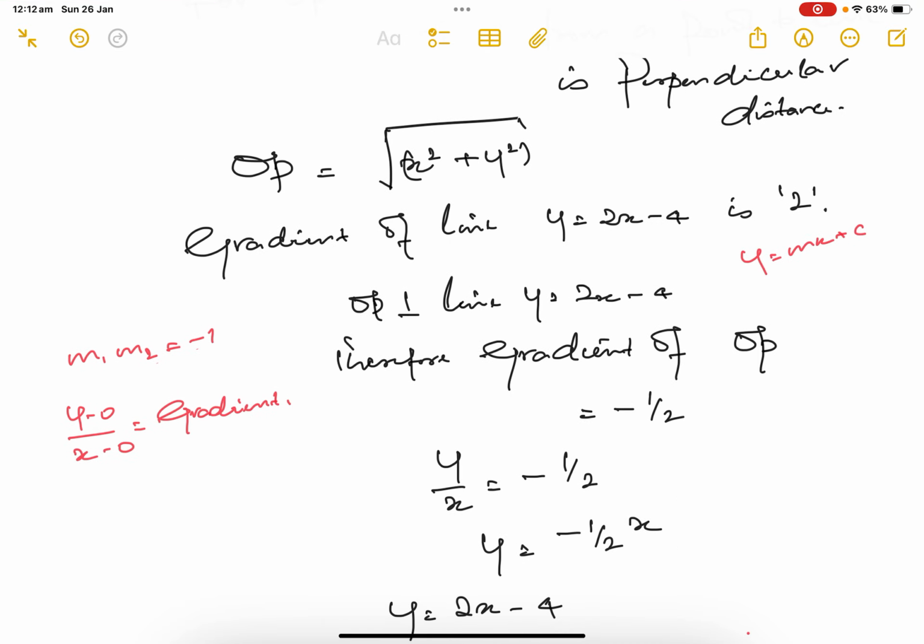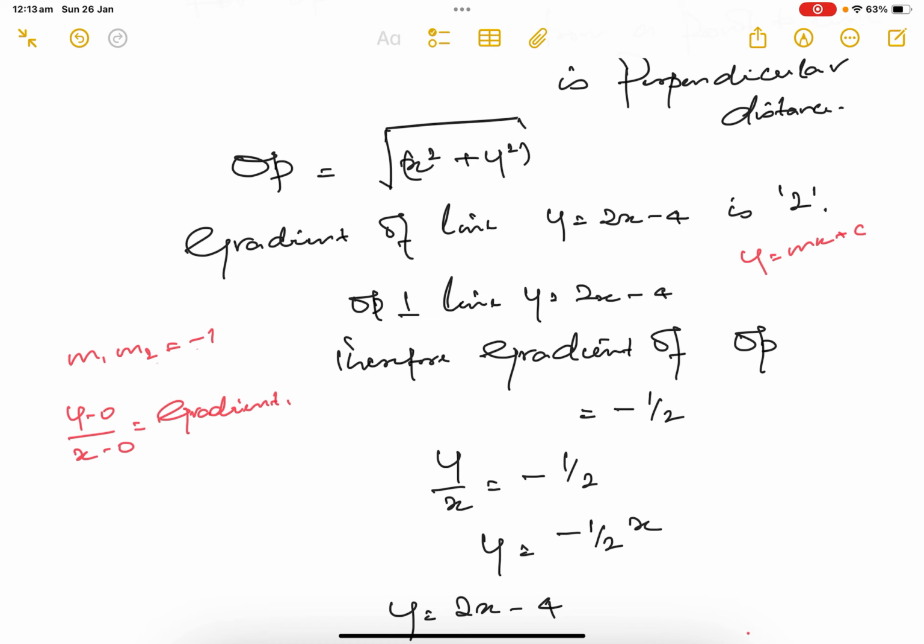But prior to that, we're going to use another straight line property: if there are two lines which are perpendicular to each other, the product of their gradients is equal to minus 1. So the line is y equals 2x minus 4, and the other line, OP, is perpendicular to it.